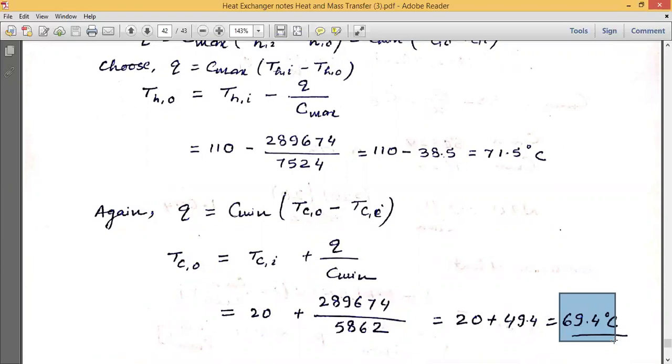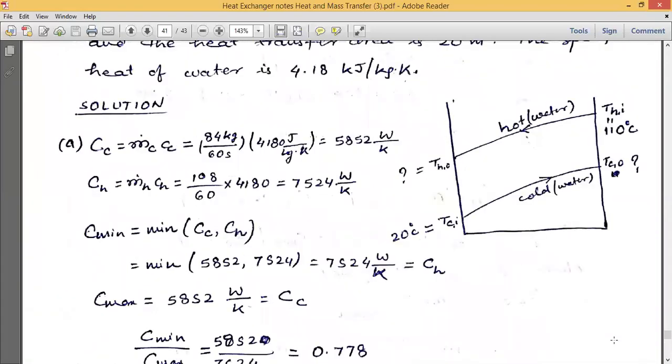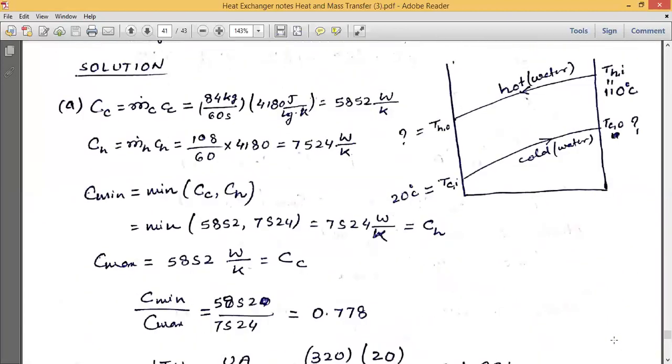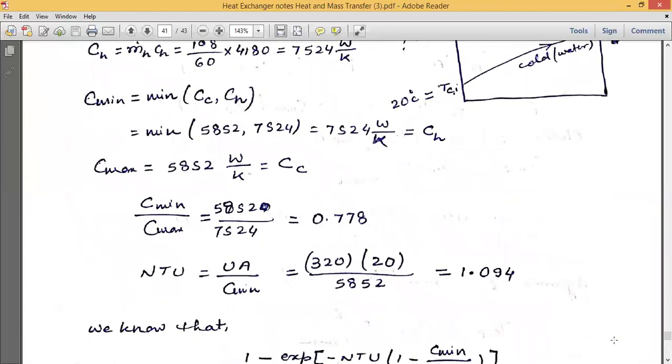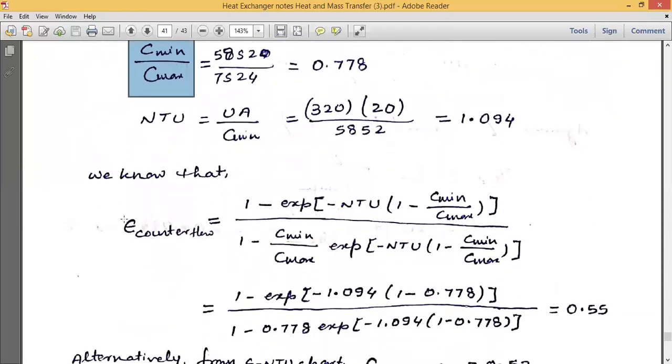So let's recall the steps we followed, one by one. First of all, we identified the minimum fluid, that is, the C minimum. Thereafter, we calculated NTU and C minimum upon C maximum, and by the use of these two quantities, we calculated the effectiveness value.